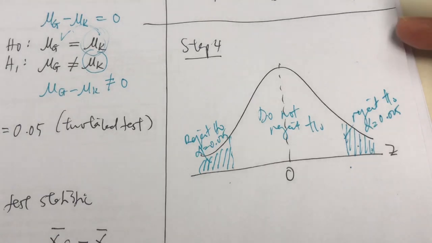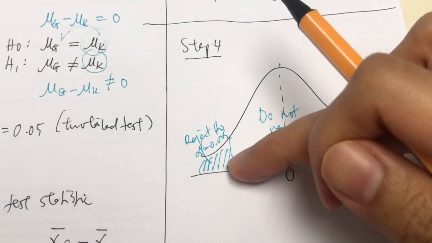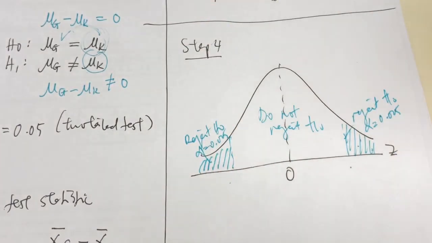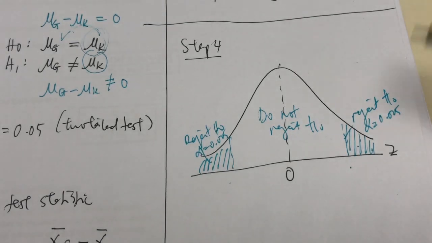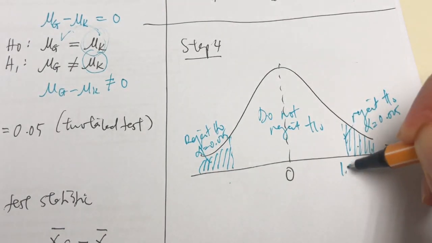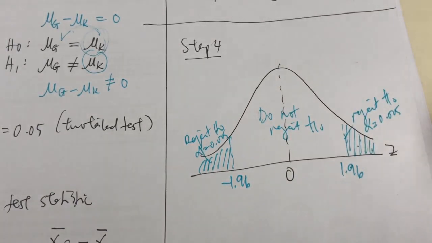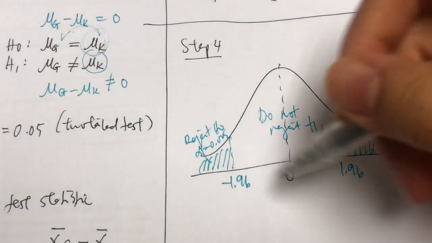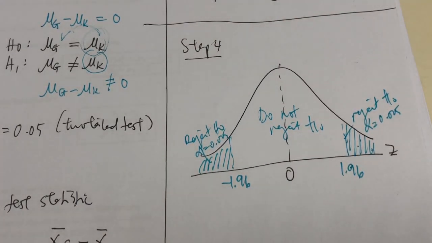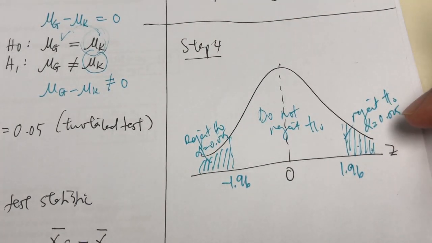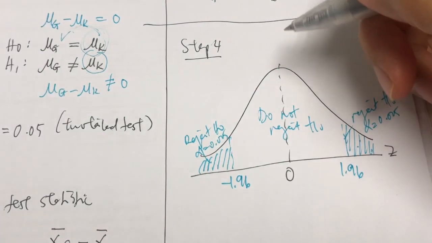So if you remembered, this is a two-tailed test. Alpha is 5%, so if you recall how we did it, this is a shortcut. It's basically plus minus 1.96. So you can refer to the previous videos on how we get this shortcut. So now that we have our critical values and we have the basic sketching of our rejection areas, we need to write down the rejection rule. So what's the rejection rule?